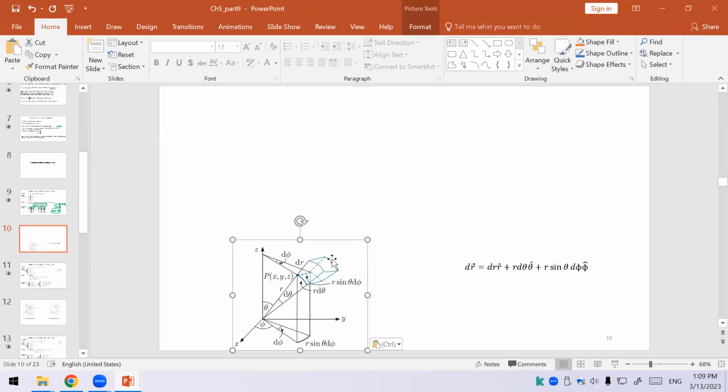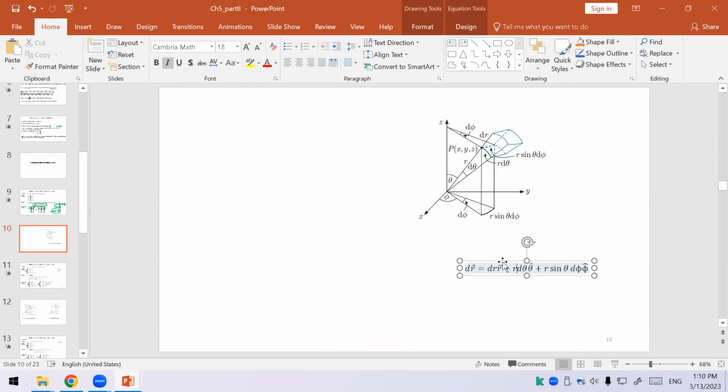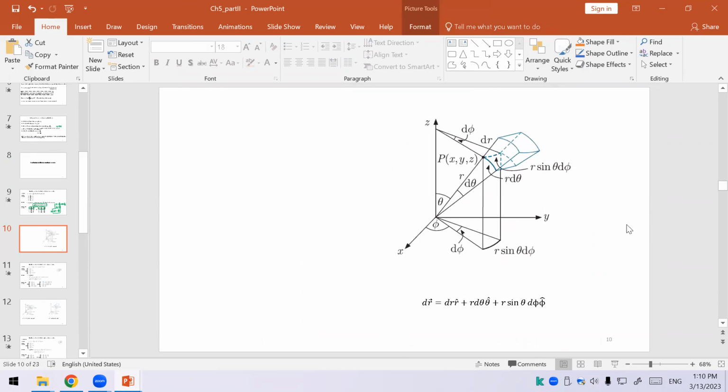Okay, over here. Right, so we recall what we've learned about the differential elements in the spherical coordinates. Okay, and I'll also do the cylindrical coordinates. Okay.